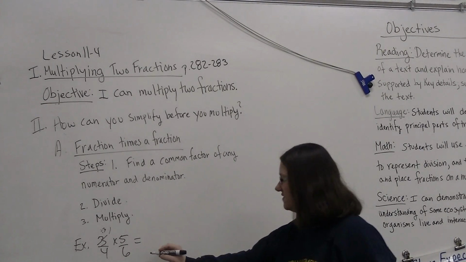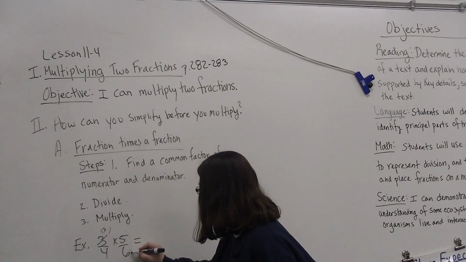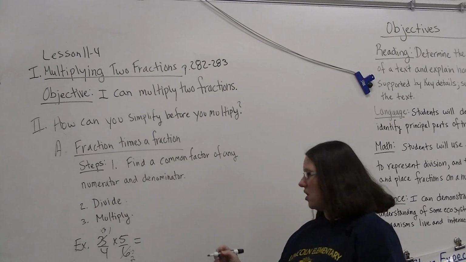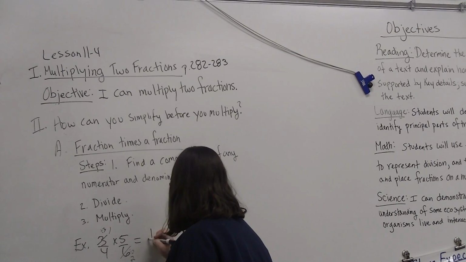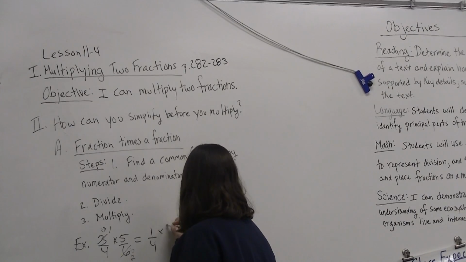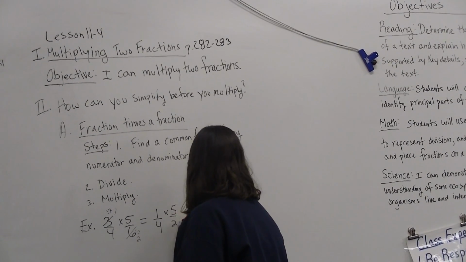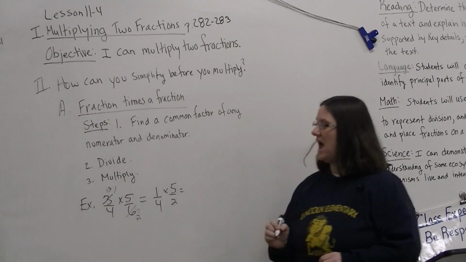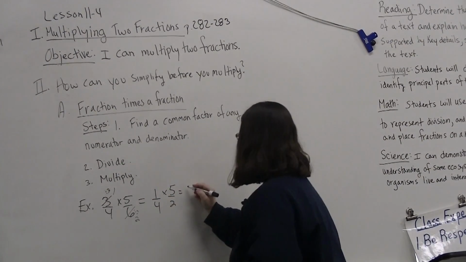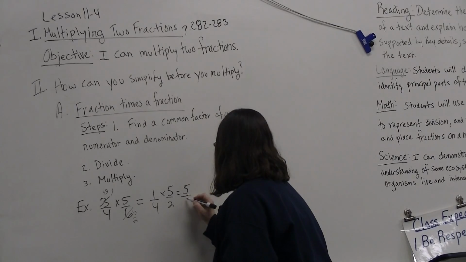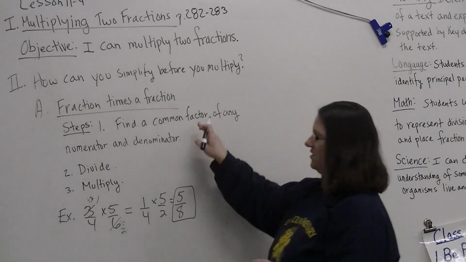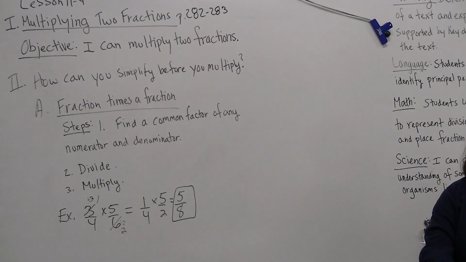And I'm going to do 6 divided by 3 down here, cross that out, and make it a 2. So our new fraction problem to multiply is 1/4 times 5/2. Now we can do step 3, which is to multiply. And 1 times 5 is 5. And 4 times 2 is 8. And we are done because we simplified in the beginning.